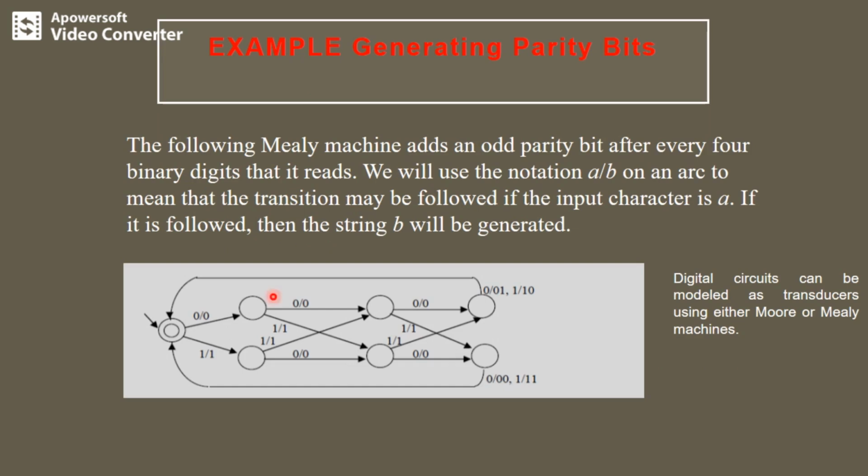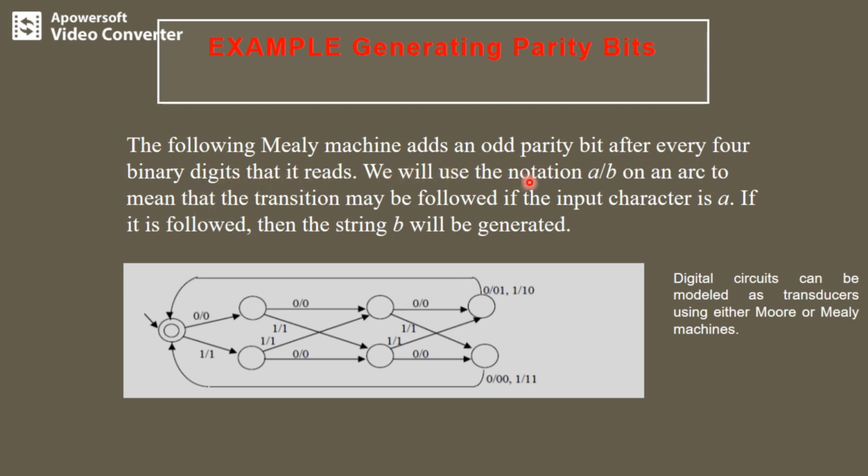Let's understand how to generate parity bits. This example is for a Mealy machine. The Mealy machine adds an odd parity bit after every 4 binary digits that it reads.